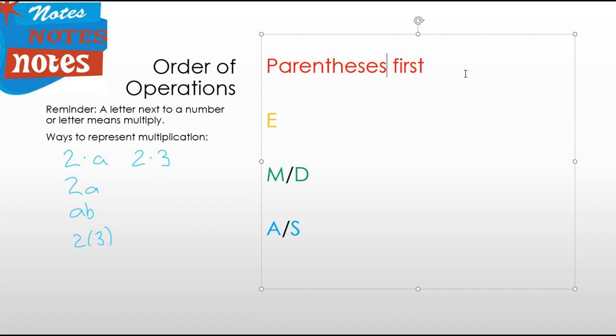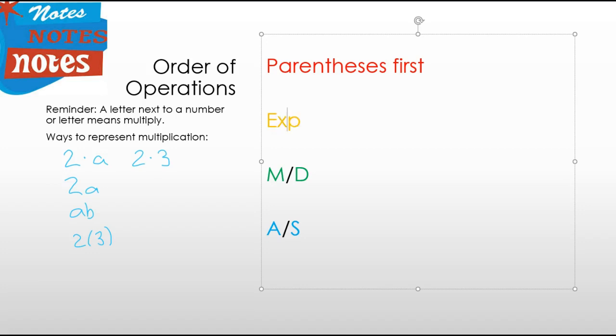For example, if inside I just had 2 plus 4, even though it's addition, I would do it first because it's in parentheses. If in the parentheses I have 2 plus 4 times 3, I would do the times 3 first, then the addition, and then anything that's outside of the parentheses.